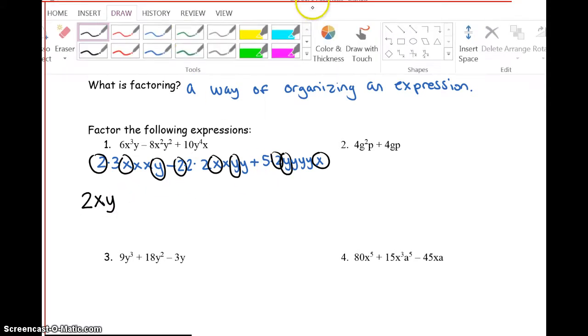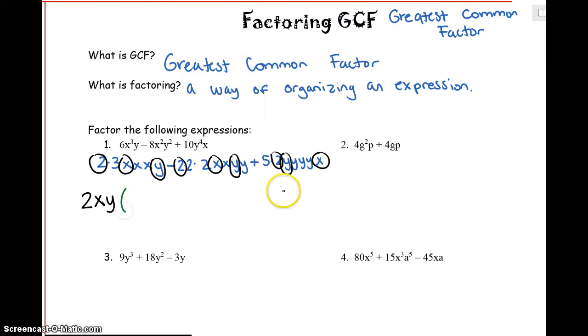So here's what it looks like. I'm going to open the parentheses. Now these are gone.